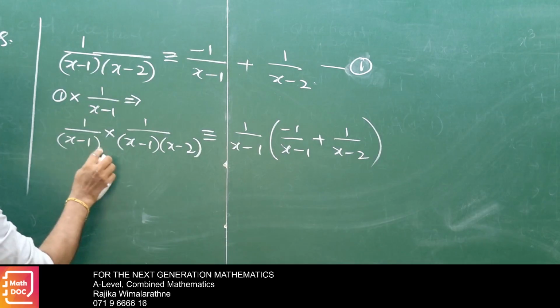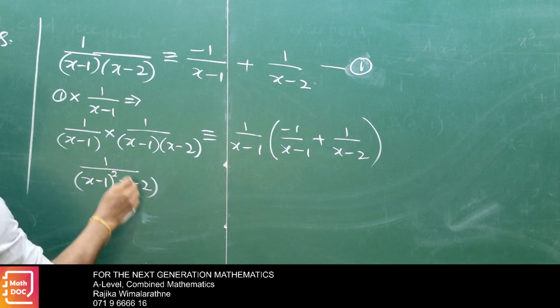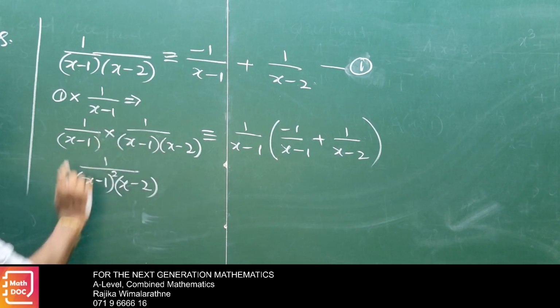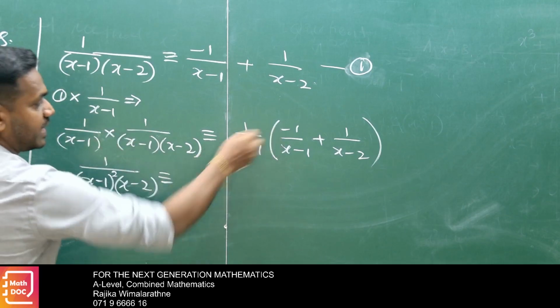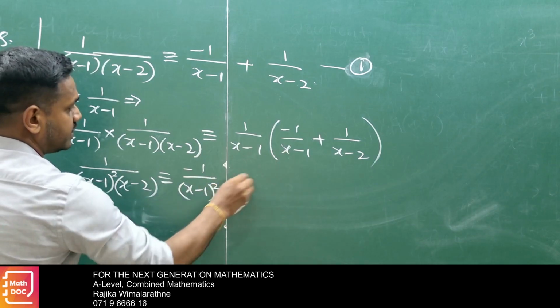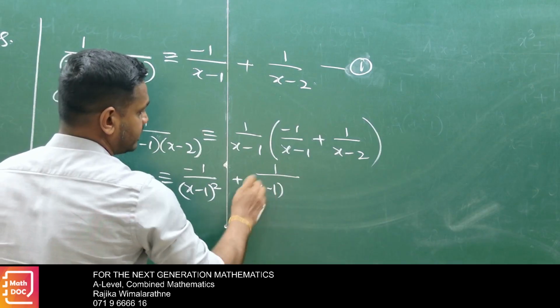Now see, here we can raise this power, no? 1 over x minus 1 squared, x minus 2. We can raise that power. Then expand this bracket: minus 1 over x minus 1 squared plus 1 over x minus 1, x minus 2.